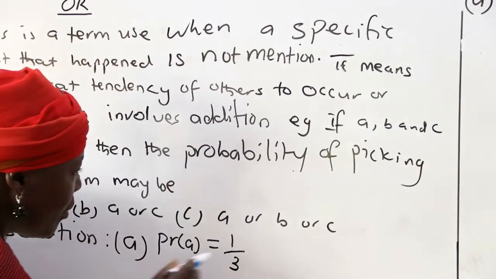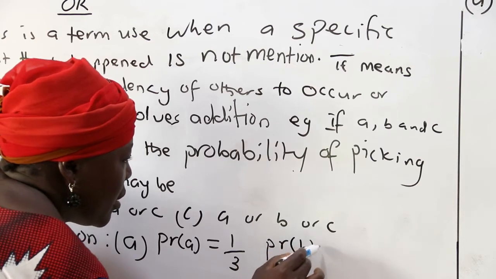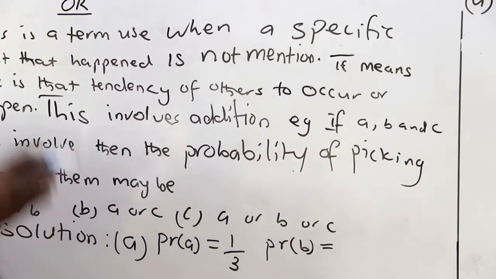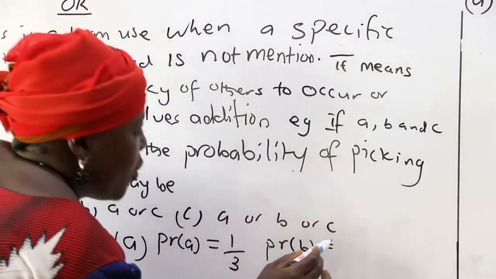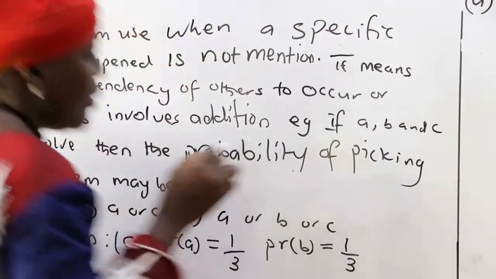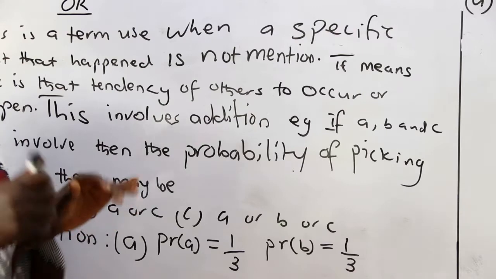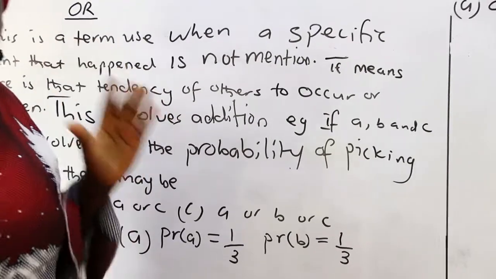And the probability of B, there is also only one B appearing, so we have 1 over 3, since the possible outcome is also 3.